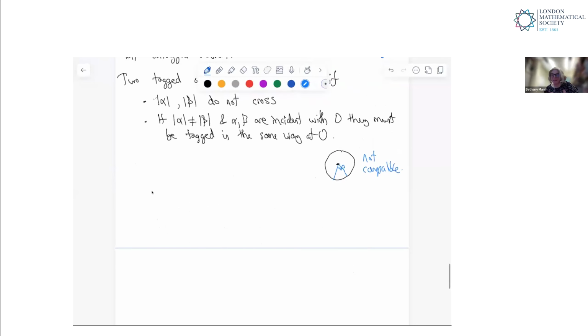So then you get a notion of a tagged triangulation. Somehow this tagging is taking into account the fact that you've got a different kind of point at the origin. So a tagged triangulation is a maximal collection of tagged arcs.